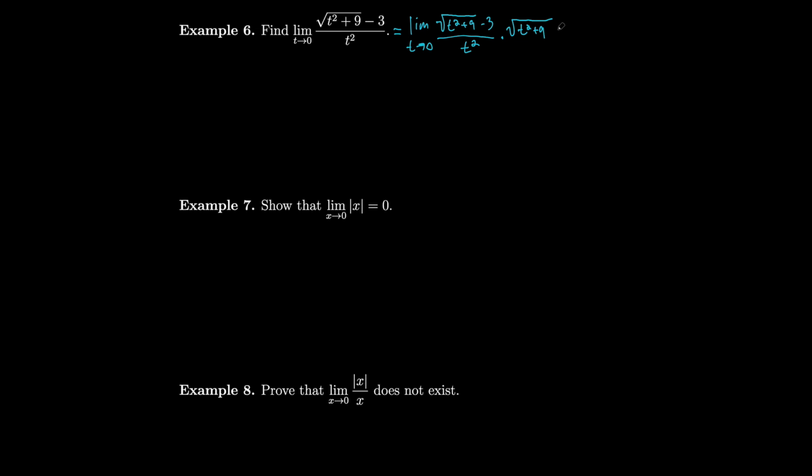Instead of minus 3, we change it to plus 3. Since we're multiplying it on the top, we have to also multiply it on the bottom when we rationalize. Okay, so we multiply the top out. We get t squared plus 9 minus 9. And on the bottom, we get t squared times that whole mess.